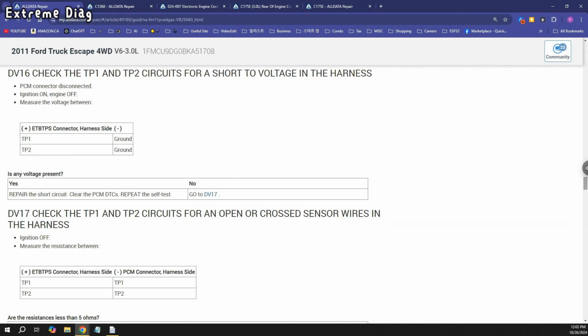A short means a situation where parts of an electrical circuit that shouldn't be connected end up touching, causing current to flow abnormally. We'll disconnect the PCM connector, turn the key to ACC mode, and check the voltage at TP1 and TP2. This vehicle has 3 PCM connectors.